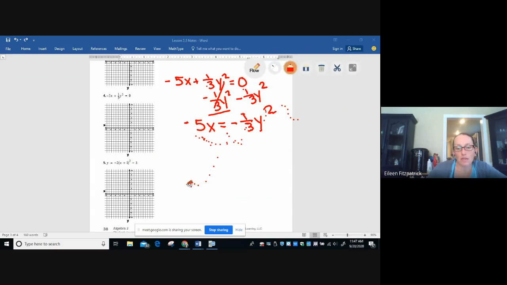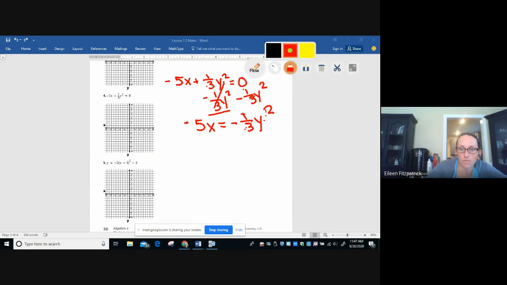Instead of dividing by negative 5, you can multiply each side by the reciprocal. Okay. And that makes more sense in terms of this problem since we have a fraction on the other side. It'll be easier to multiply by the reciprocal.